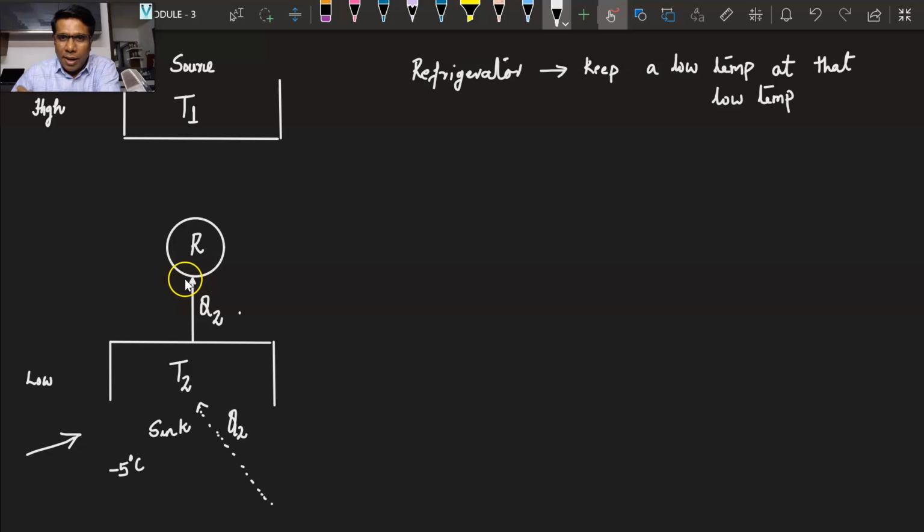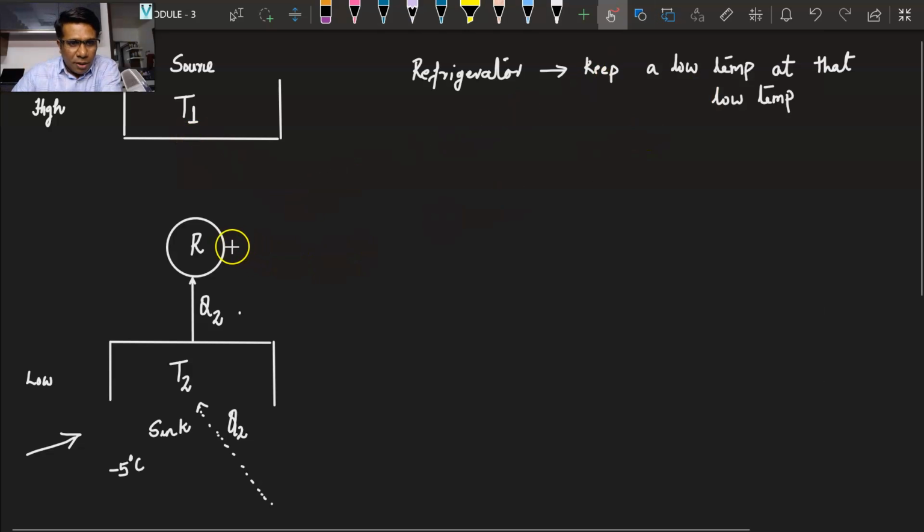But as we know, the Clausius statement says that heat can only transfer from a high temperature to a low temperature. Heat cannot travel on its own from a low temperature to a high temperature unless you give it an external work.